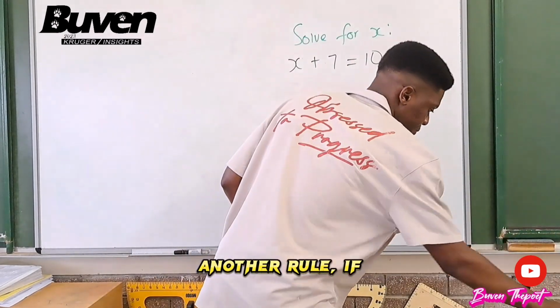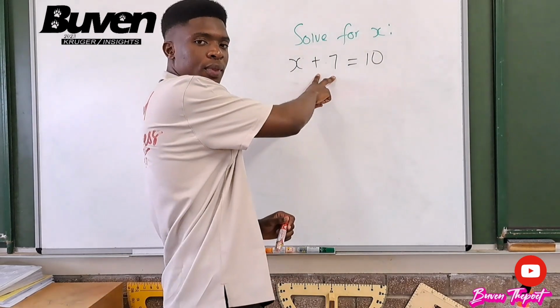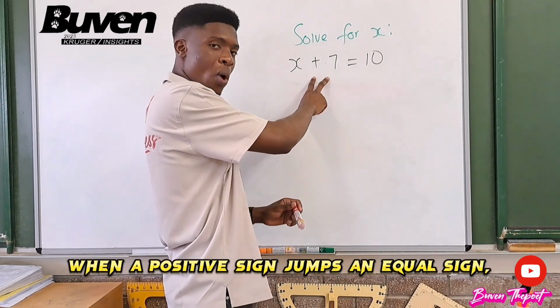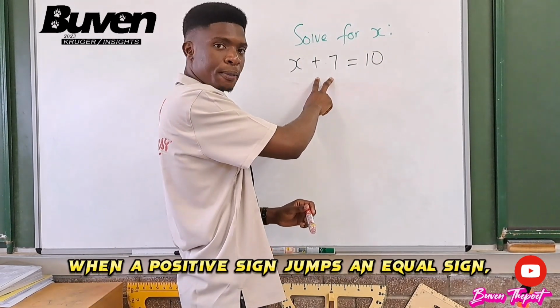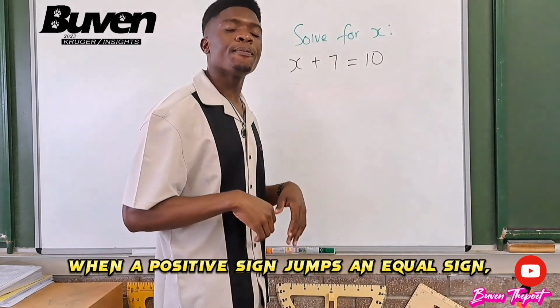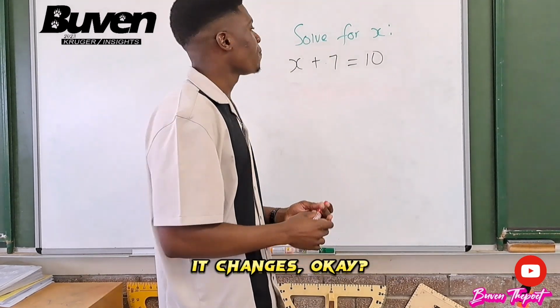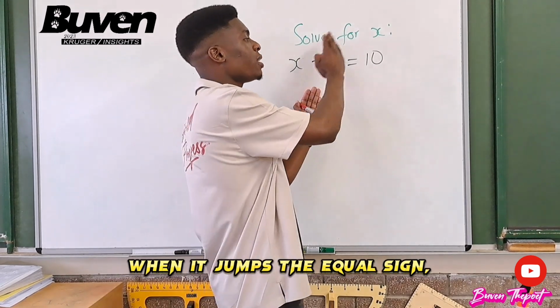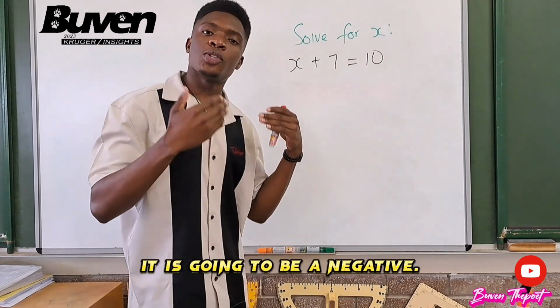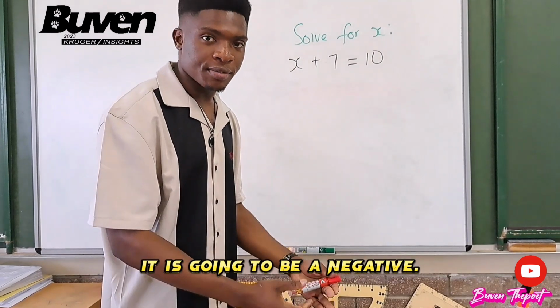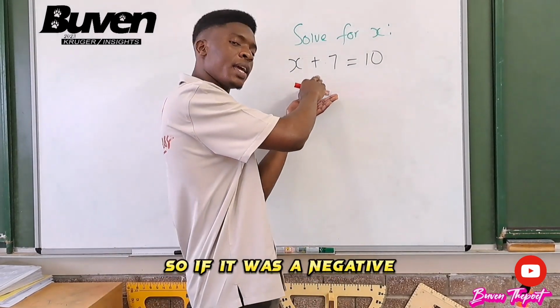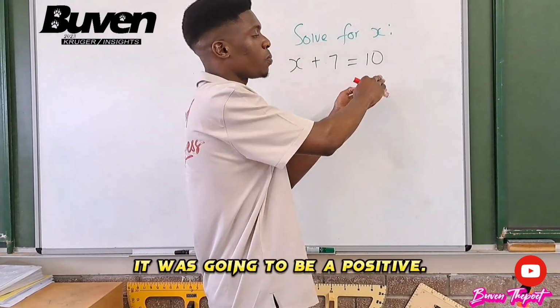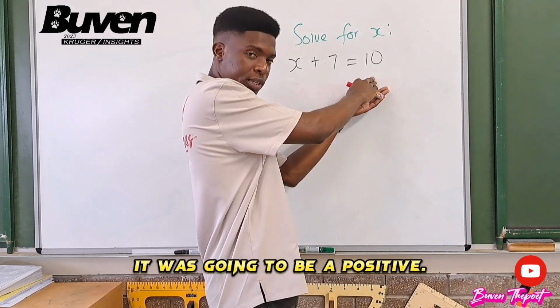Another rule: when a positive sign jumps an equal sign, it changes. We have a positive sign here. When it jumps the equal sign, it is going to be a negative. If it was a negative, it was going to be a positive.